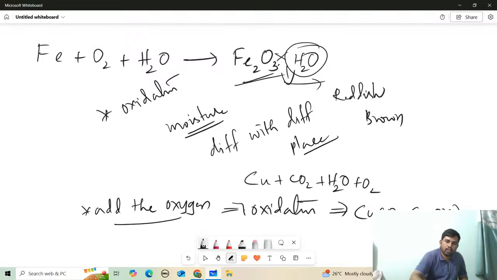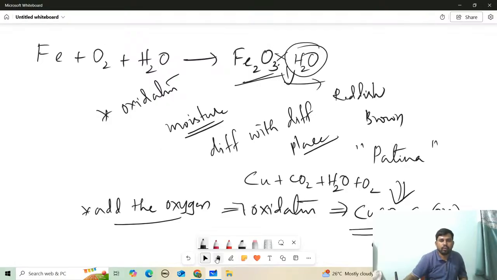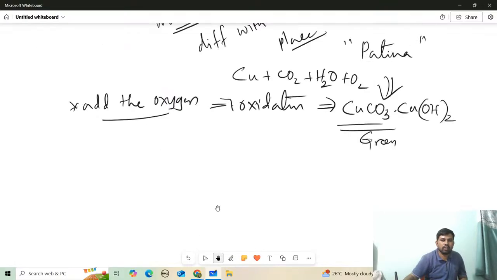This mixture is green in color and is generally called patina. This is another example of oxidation.